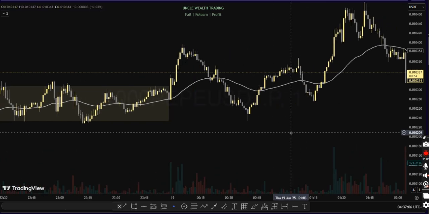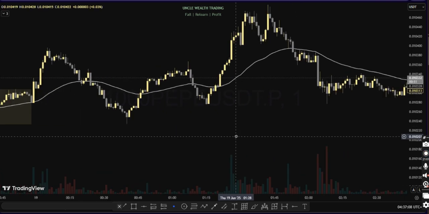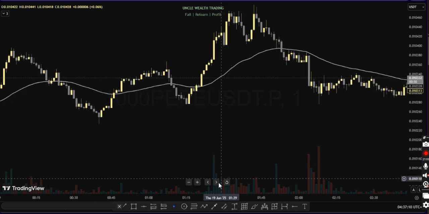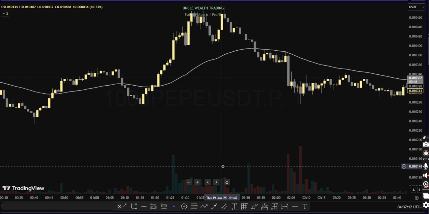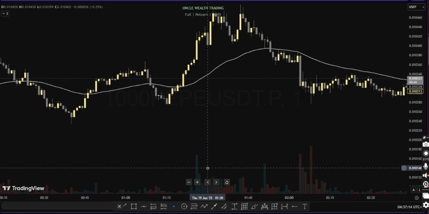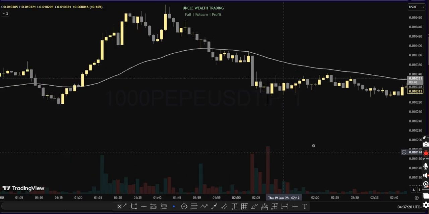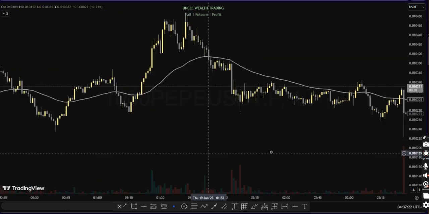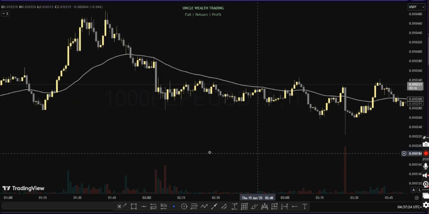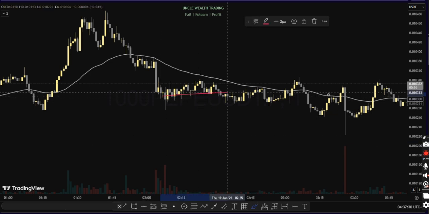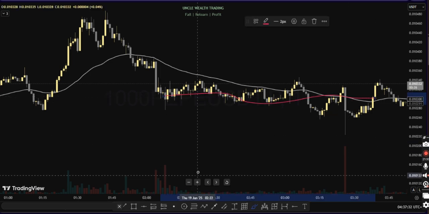One of the things you should notice is that when the move is impulsive, if you are using confluence with the volume indicator, the volume will increase when the trend is strong. And one of the things you notice about the EMA 50 in confluence with the volume is that when the market is ranging, the volume is low.